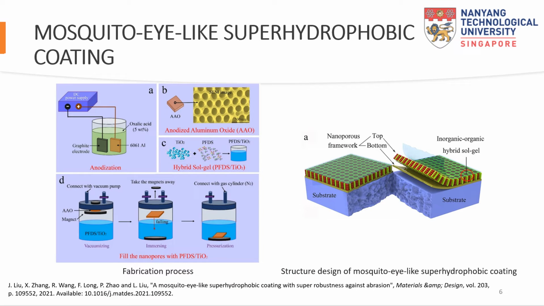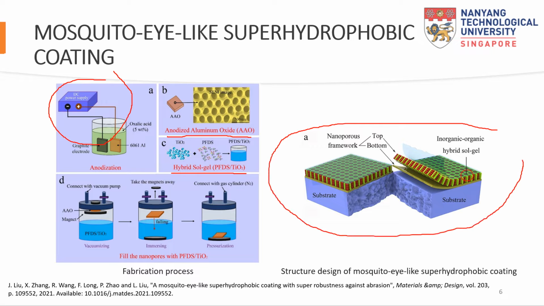To begin with, aluminum is anodized by using a DC voltage to create anodized aluminum oxide nanoframeworks. These nanoporous frameworks are then coated by PFDS titanium dioxide hybrid solder, and the result is shown here.